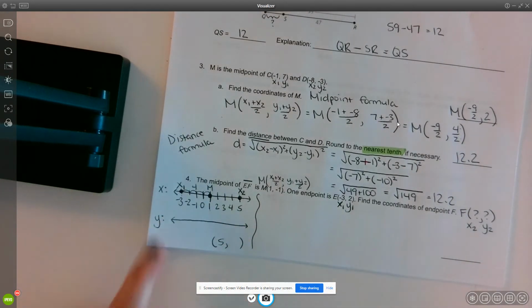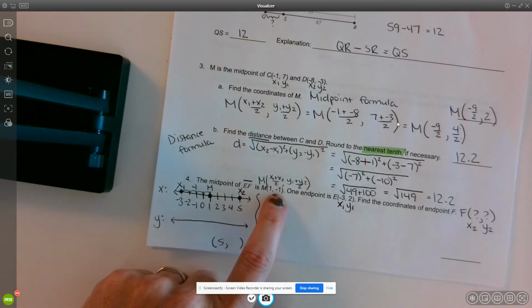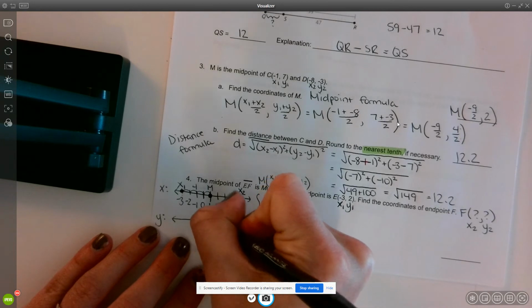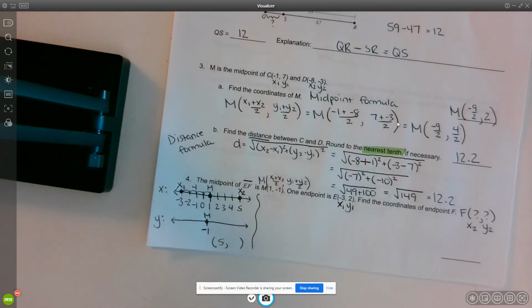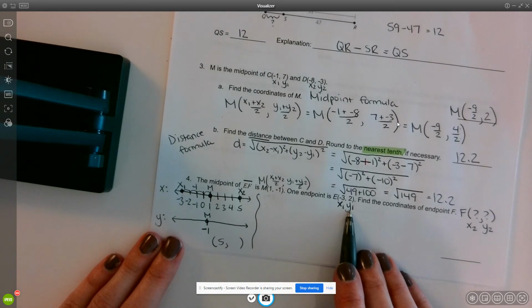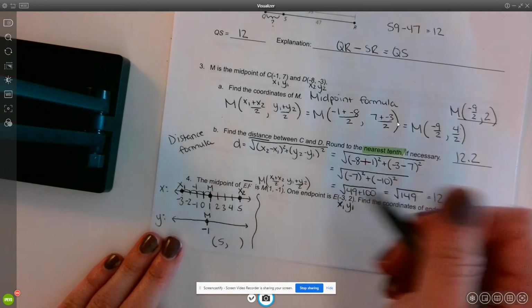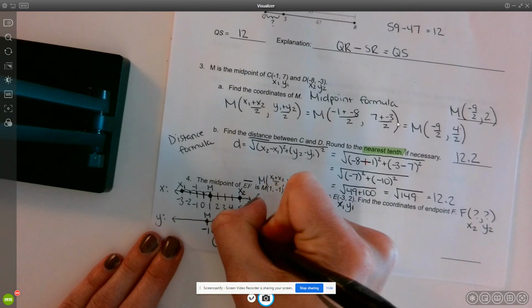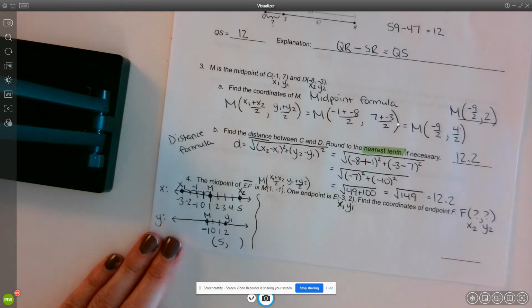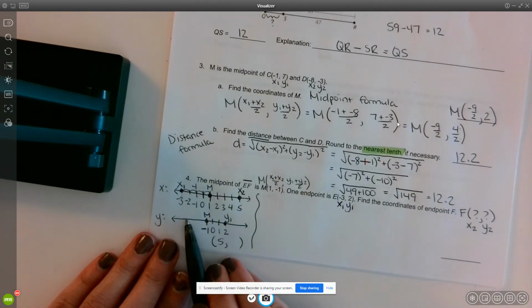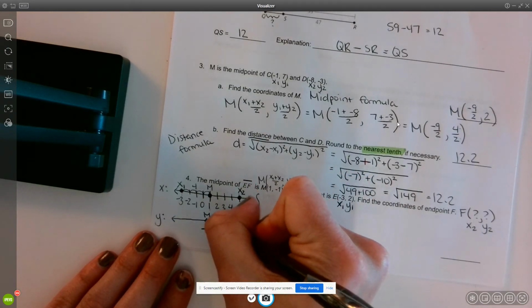Okay. Let's do my y coordinates. The y coordinate of my midpoint is negative 1. So I know that that needs to be in the middle. The y coordinate of my first endpoint is 2. So I'm going to put that on my number line. 0, 1, 2. In order for negative 1 to be in the middle, y2, the other y coordinate, needs to be on the left.